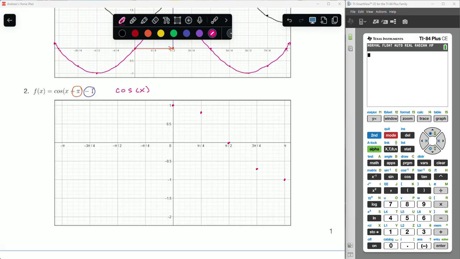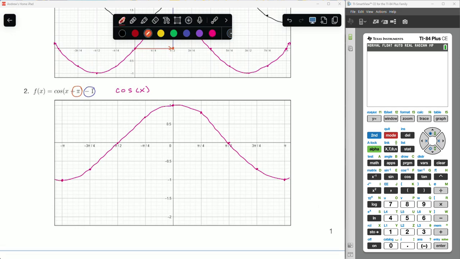Cosine is symmetric about the y-axis. 0.7, 0, negative 0.7, negative 1. So that's our parent function.